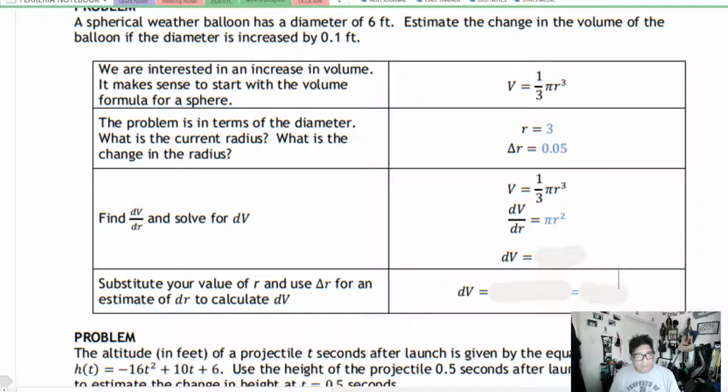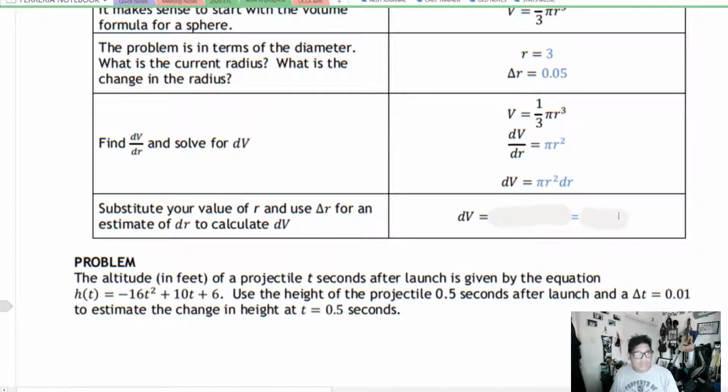And then we're going to multiply the differential dr on both sides, and that gives us that dv is going to be equal to pi r squared multiplied by dr. So that's not a big deal, a very minimal amount of mathematics involved in getting there.